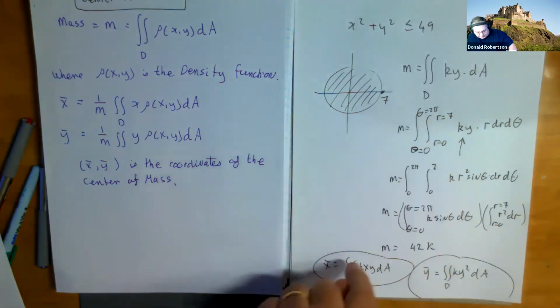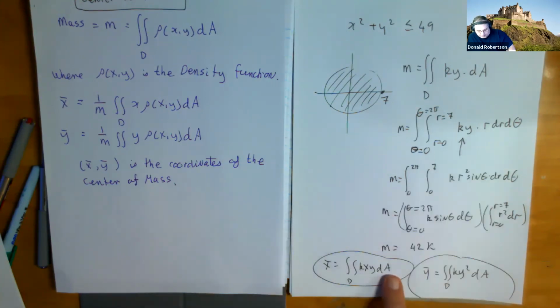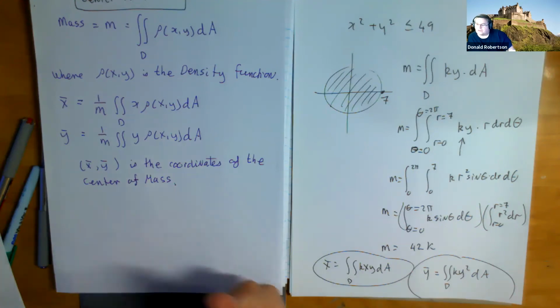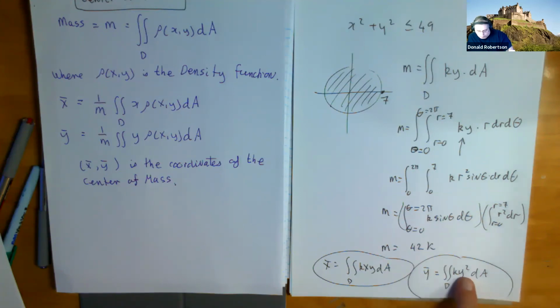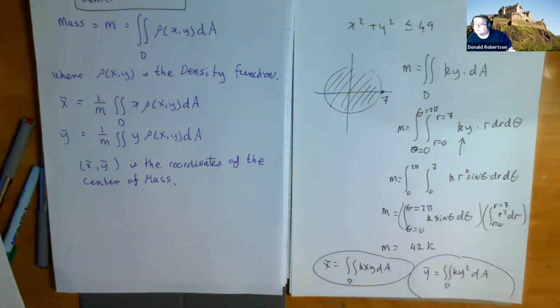These limits of integration will be the same. This will turn into r dr. Won't xy just be converted into r sine theta and r cosine theta? And won't y squared be converted into r sine theta being squared? So if you can get the answer to this fella here, you should be able to get these two as well.